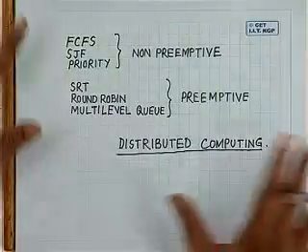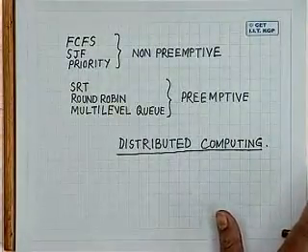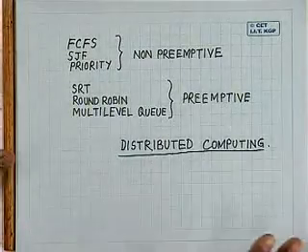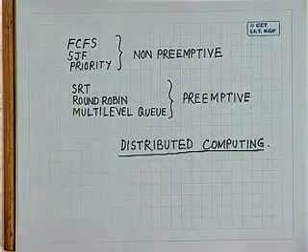In the distributed computing environment, I have a number of computers connected over the network, and a number of jobs which are to be executed in that environment. So my decision has to be which of the jobs is to be allocated to which of the computers. For that, different considerations are to be made.